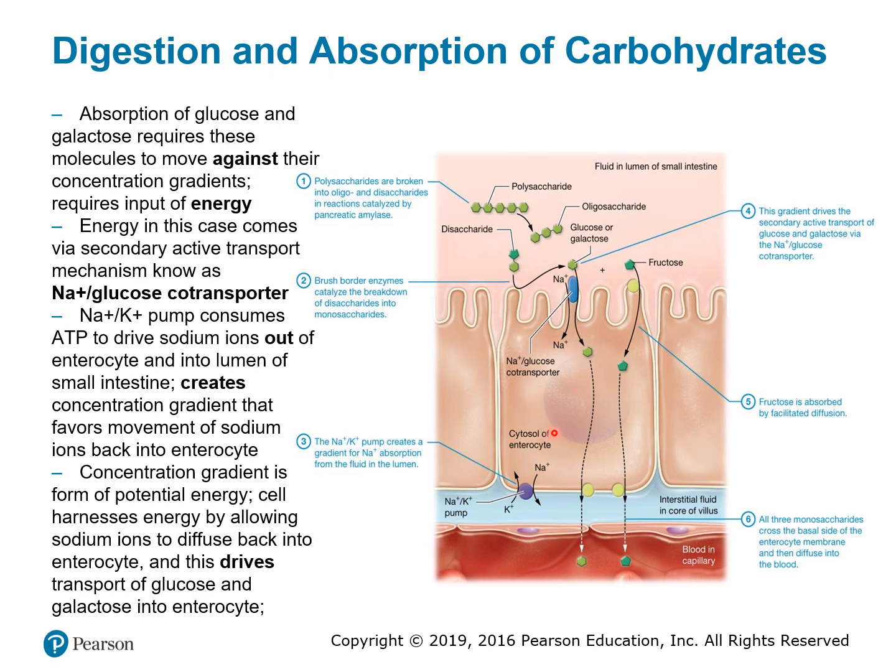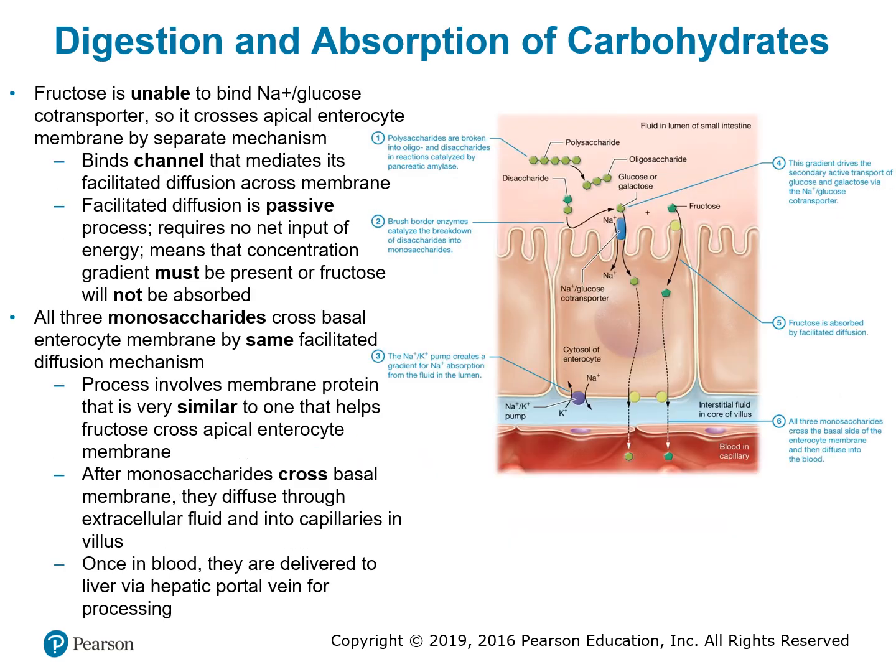Once that happens, now the sodium glucose transporter can bring glucose and galactose into the enterocyte, and then it can be absorbed in the blood. So this whole process is a little more complex because you need the sodium glucose transporter plus the potassium and sodium pump, which drives the sodium glucose transporter, and then glucose and galactose can go through the enterocyte and be absorbed by the blood system.